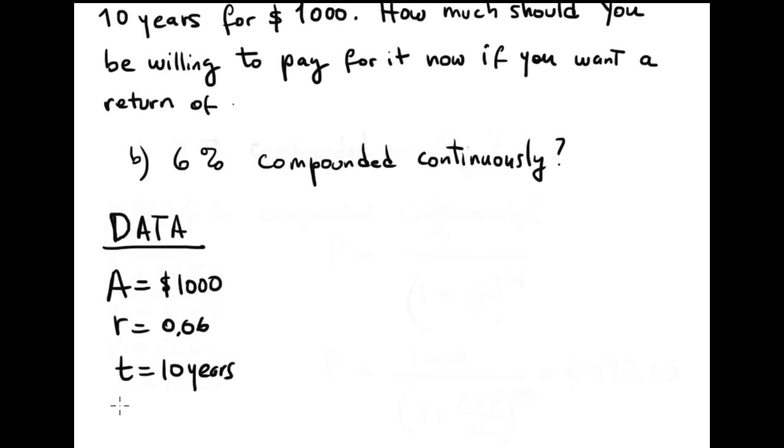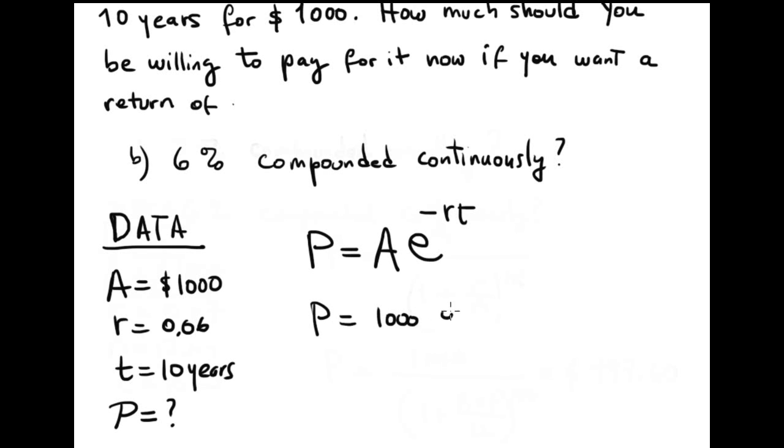I need to find future value, no, present value, sorry. Okay, the formula is present value is equal to future value times e to the negative RT. So the present value is equal to 1,000 times e to the negative 0.06 multiplied by 10.